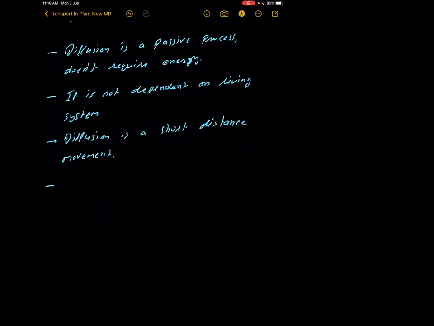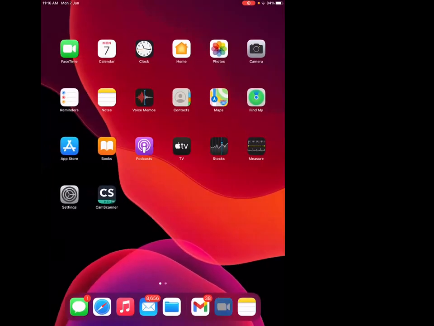Just one or two more points. Diffusion is based on kinetic energy.